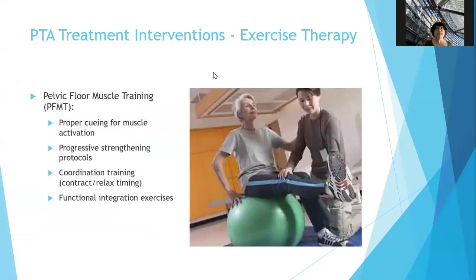One of our main functions in pelvic health as PTAs is doing exercise therapy. So: pelvic floor muscle training, proper cueing for muscle activation, progressive strengthening protocols, coordination training for contract-relax timing, and functional integration exercises.